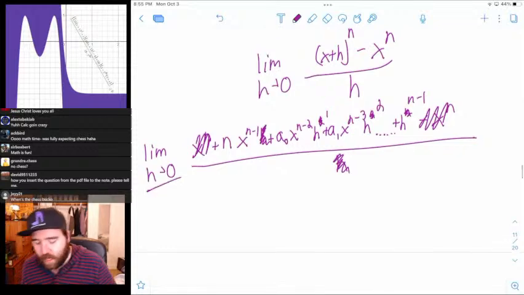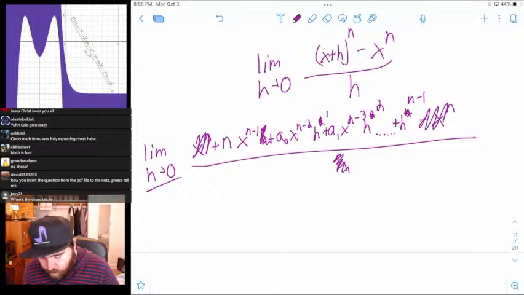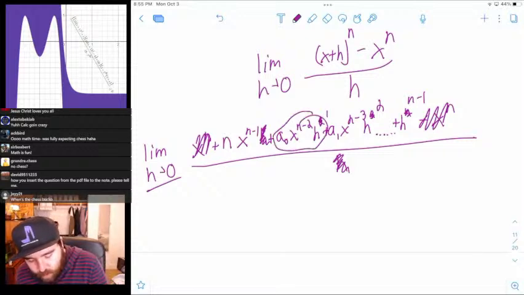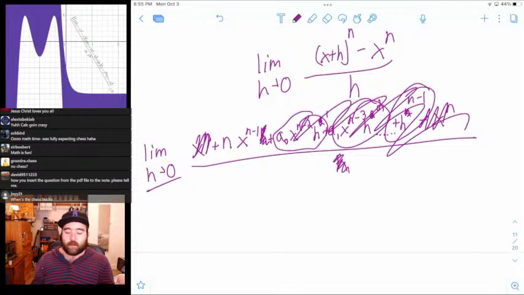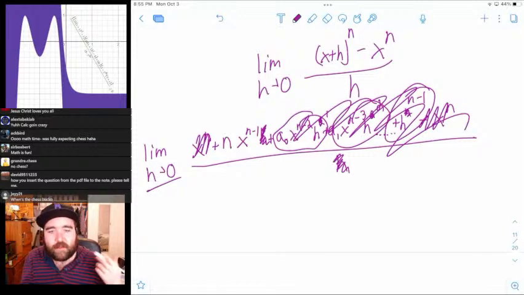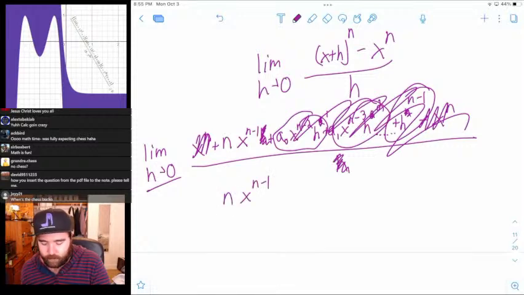We're plugging in h equals 0. So when we plug in h equals 0, all of these things that still have an h in it, like that one and all of these over here, are just going to go away because if h equals 0, they're just going to turn into 0. And see, all we have left is the thing that didn't have an h in it, the n times x to the n minus 1.